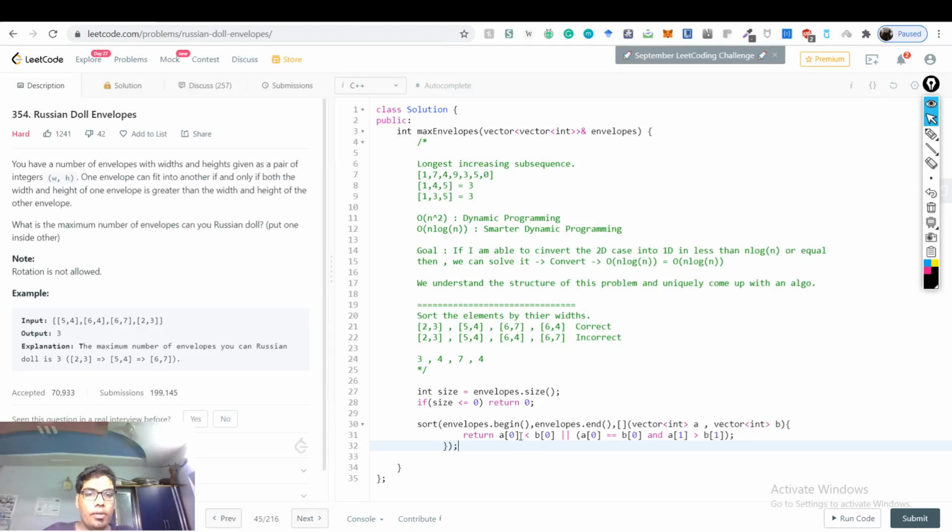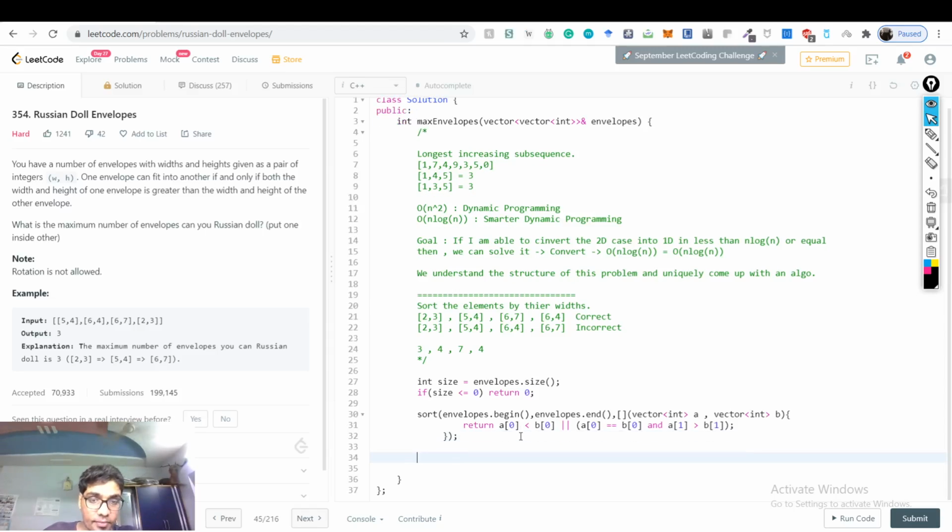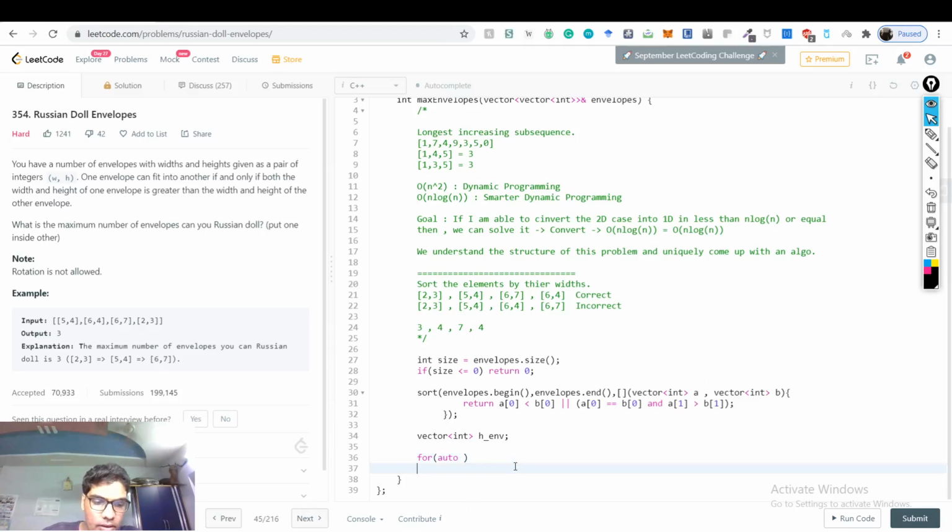Now what we want to do is take, let's say we have this vector of int, which we'll call h of envelope, so height of envelope. So this is the vector of heights of envelopes, and what we do is, for int i equals 0, or let's have very simply auto, which is my favorite keyword.